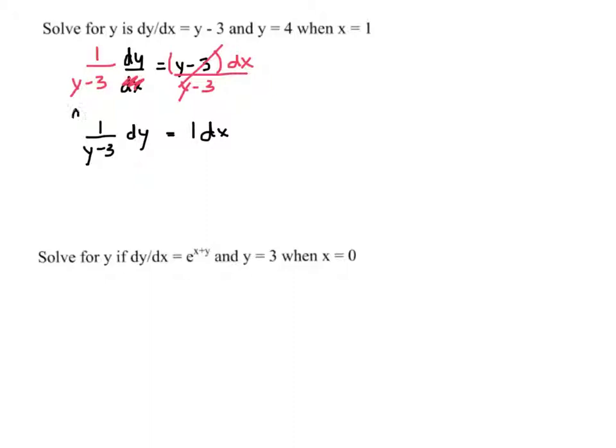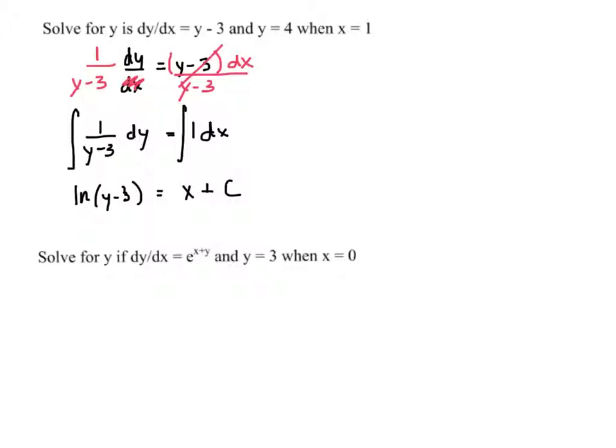So now we integrate. The natural log of y minus 3 is equal to x plus c. Again, you could solve for the constant right now. I don't know that it would be easy to solve for it right now. Well, actually, I guess it probably would be.